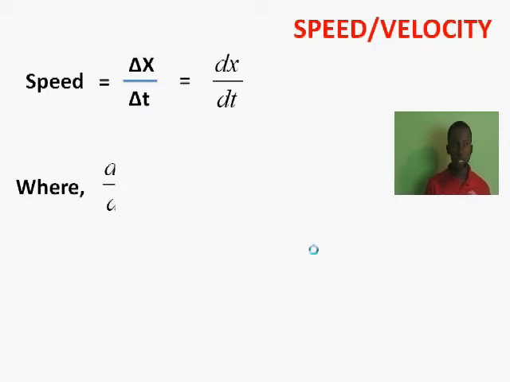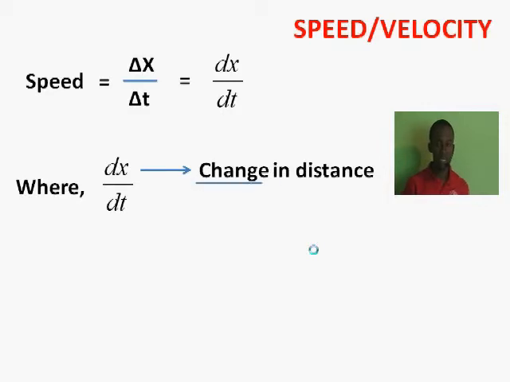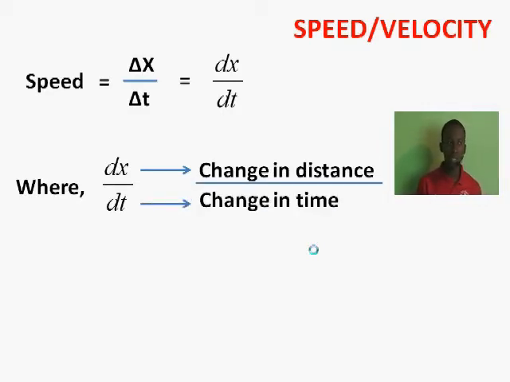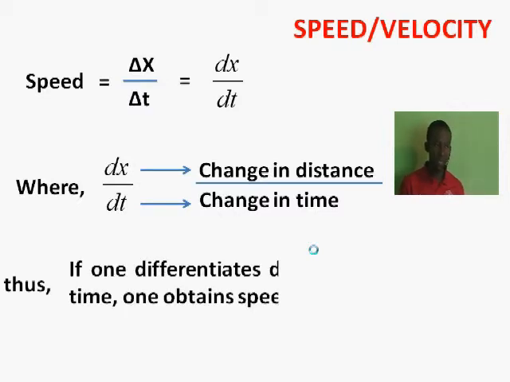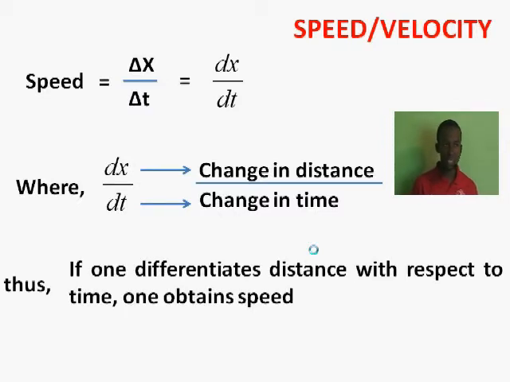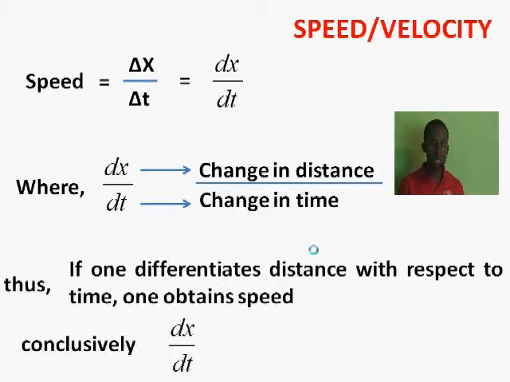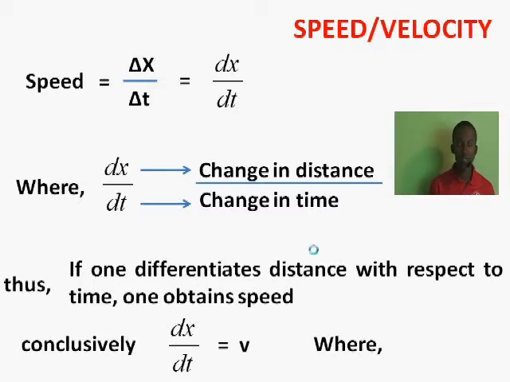From our formula dx dt, we have that dx is change in distance divided by dt, where dt is also change in time. Thus, if one differentiates distance with respect to time, one obtains speed. To conclude simply, we have that dx dt is v, where v is our speed.